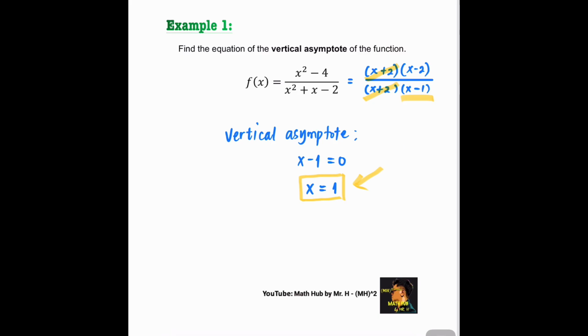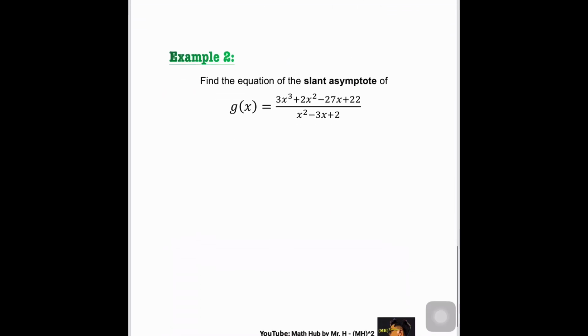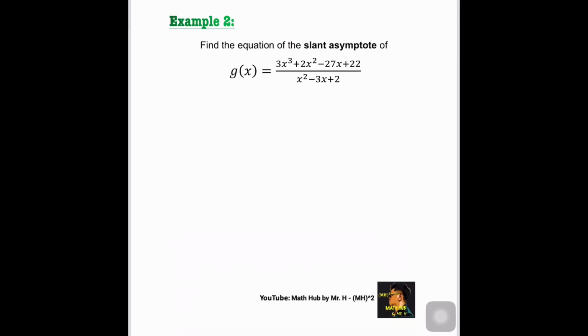Alright, so let's move on to example number 2. For this question, we are asked to find the slant asymptote, which is also known as the oblique asymptote. Slant asymptotes occur when the degree of the numerator is exactly 1 more than the denominator.